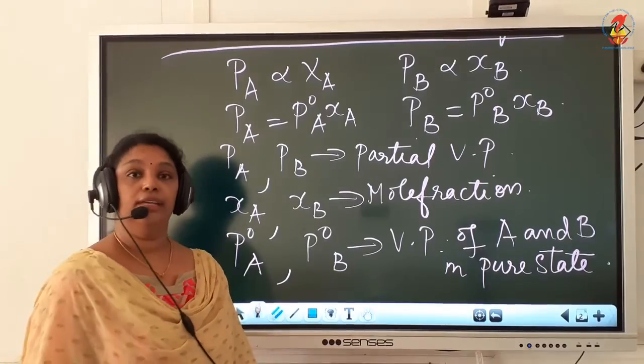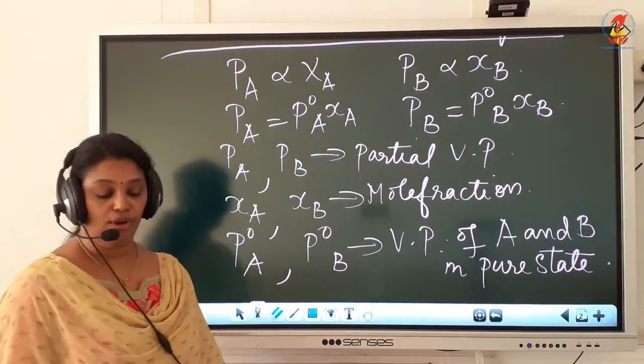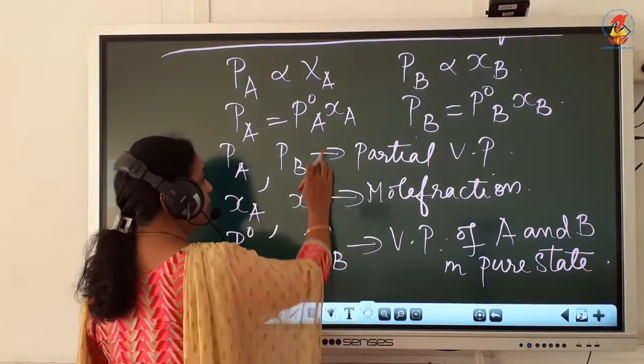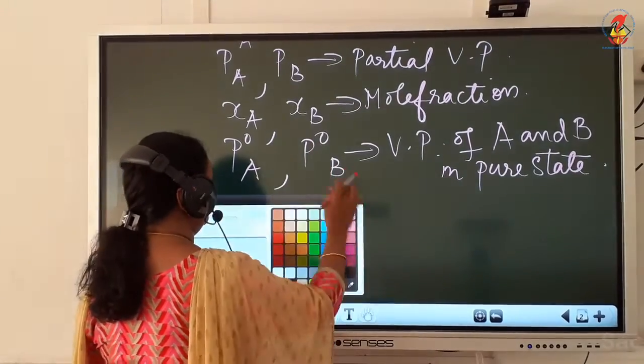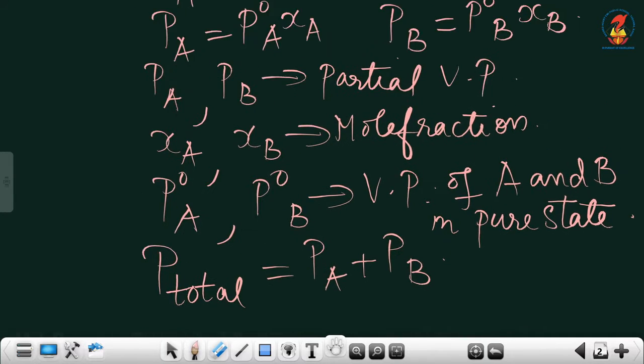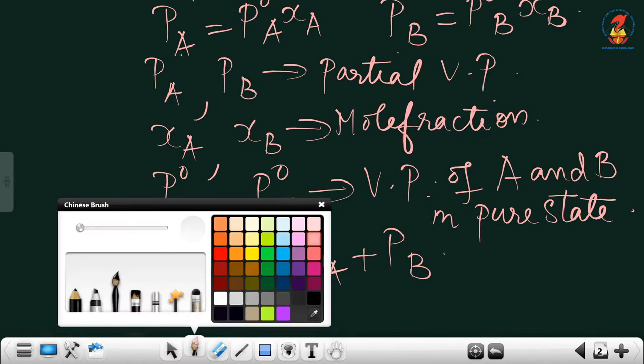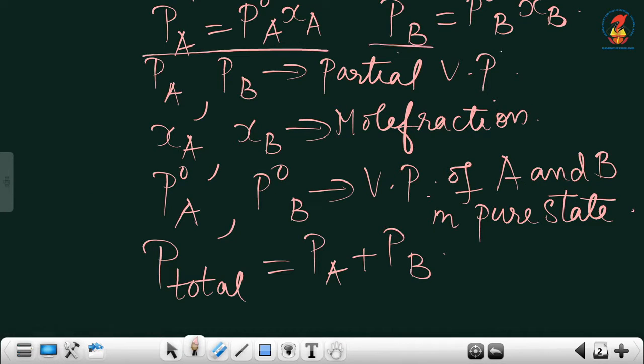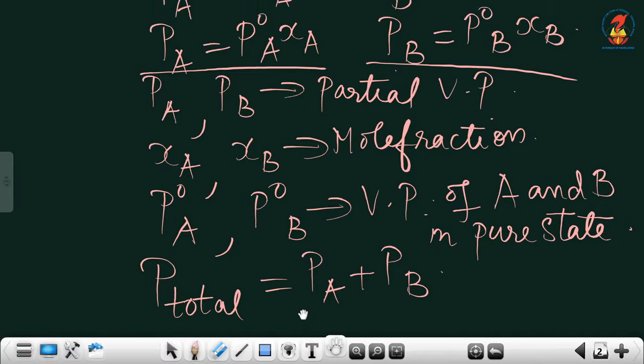Okay. Now, you know that according to Dalton's law of partial pressure, the total vapor pressure of the solution will be P total. P total represents the total vapor pressure. So the total vapor pressure of the solution will be the sum of partial pressures, PA plus PB. Now let's substitute for PA and PB from this expression. We know that according to Raoult's law, PA is equal to P naught A into XA and PB is equal to P naught B into XB.